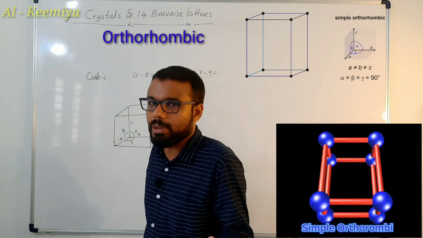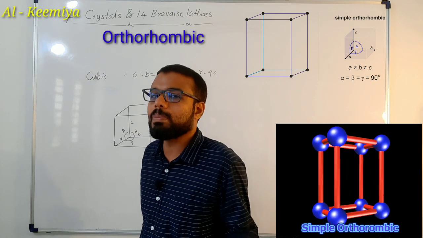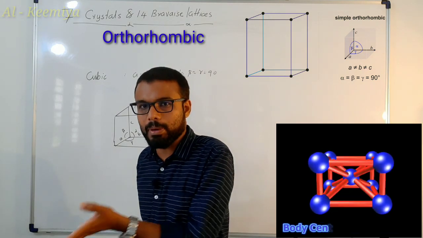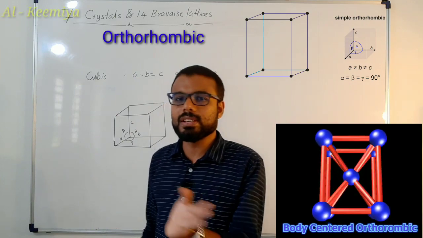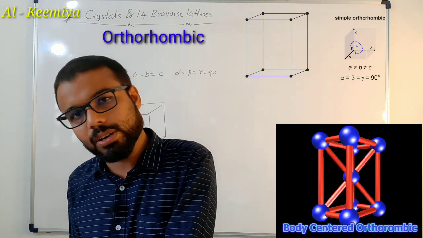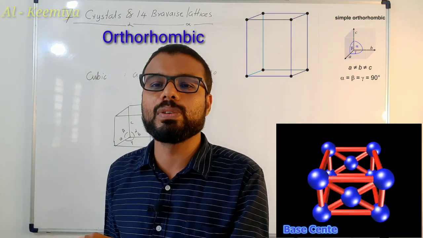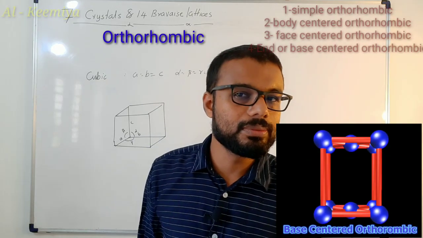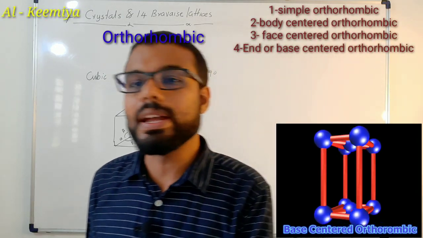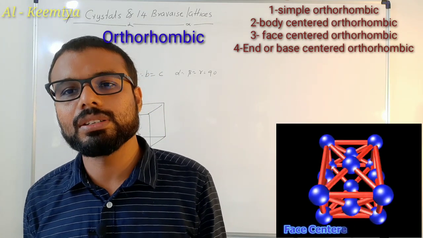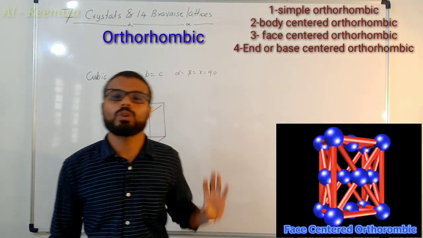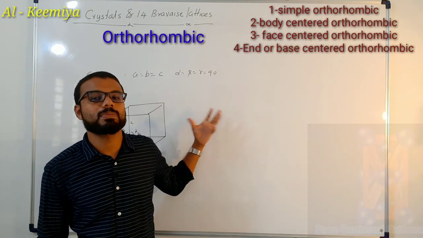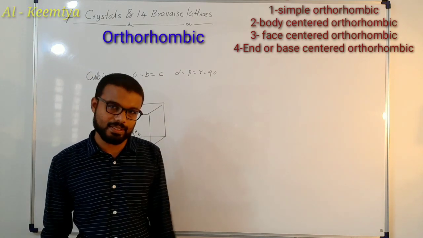So there may be simple or primitive orthorhombic, body centered orthorhombic, face centered orthorhombic, and end centered or base centered orthorhombic. So these are the 4 possible types of orthorhombic space lattices.